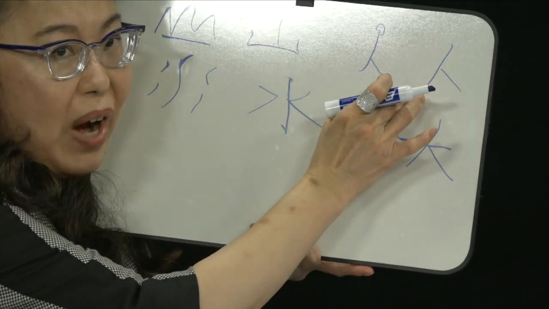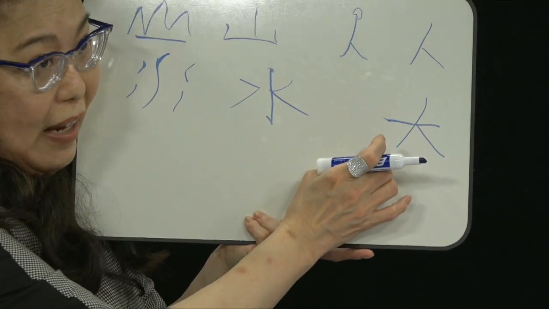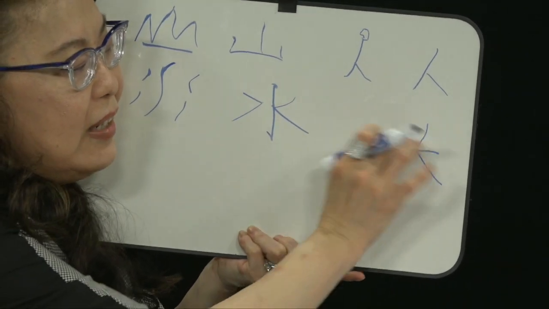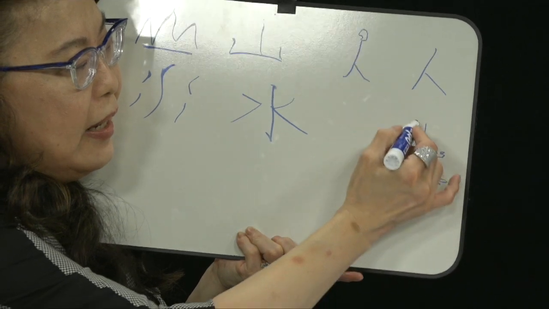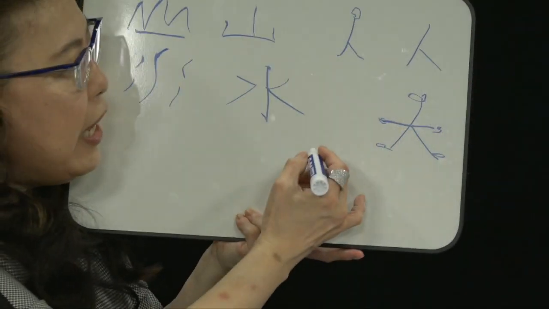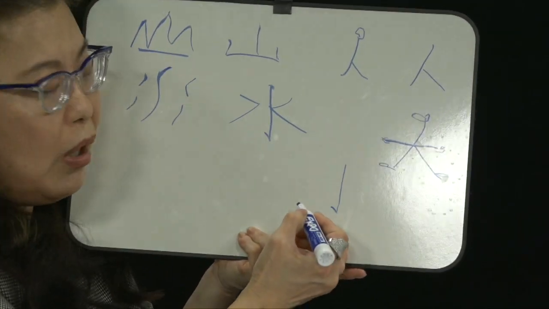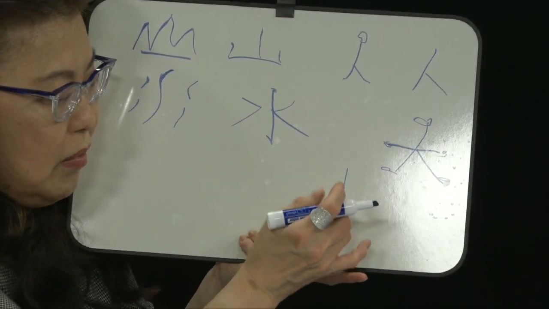We have the pictographic of the person, and then we have ideographic, right? Even action, when you extend your hands, right? The body, and this is called big. And then if you are a person, to show your feet, you put them together, like one.